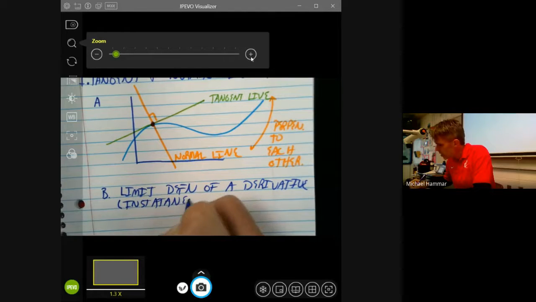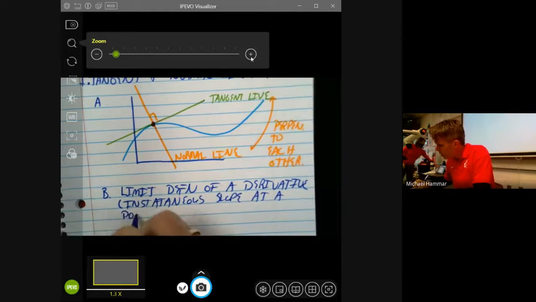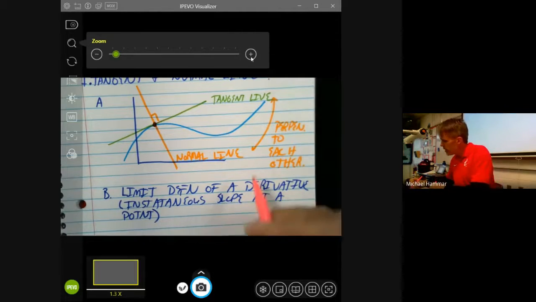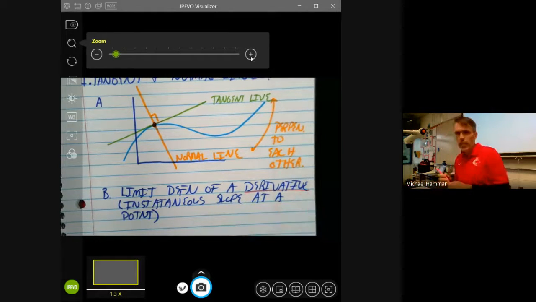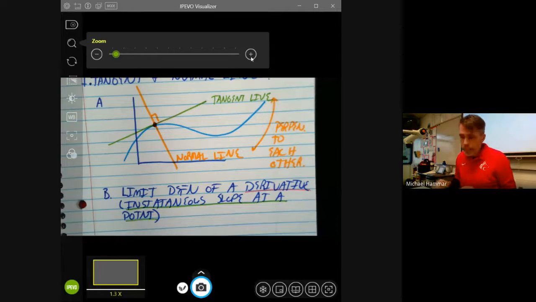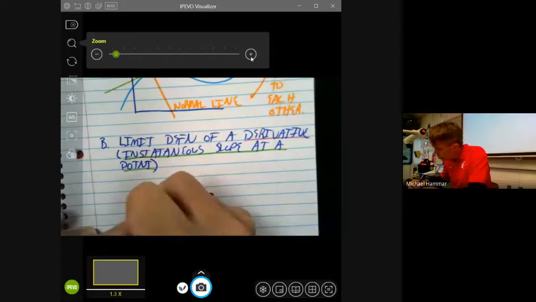instantaneous slope at a point. Okay? So this idea of a derivative is the instantaneous slope at a point. It also is then the slope of the tangent line. So let's write that down. Okay? So what we're doing is this.